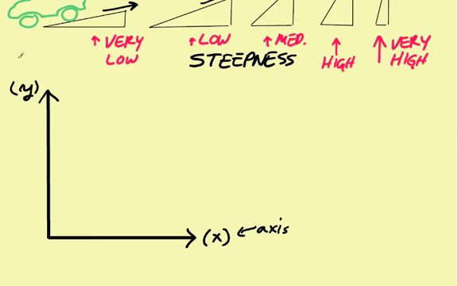Now I'm going to start making marks. 1, 2, 3, 4, and 5. 1, 2, 3, 4, and 5. And I'll label this so that it's very clear and easy to understand.